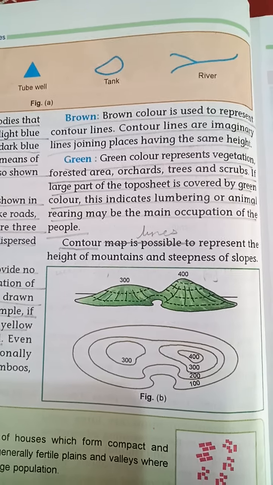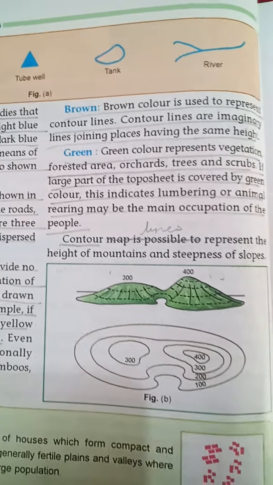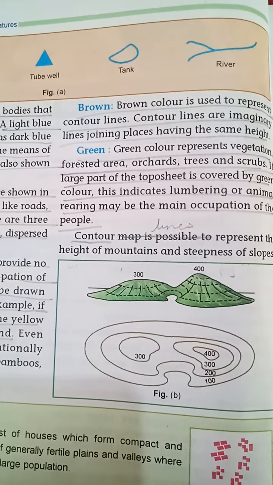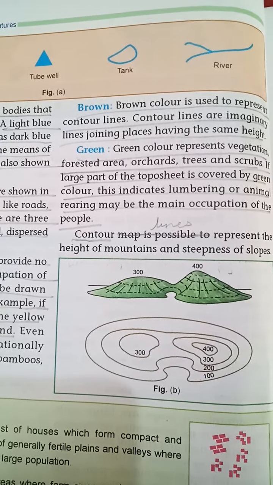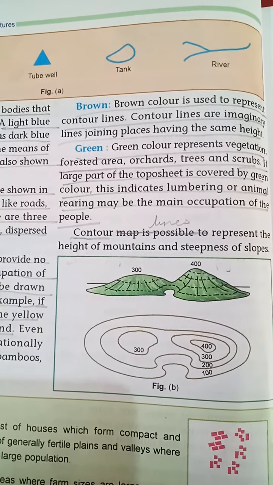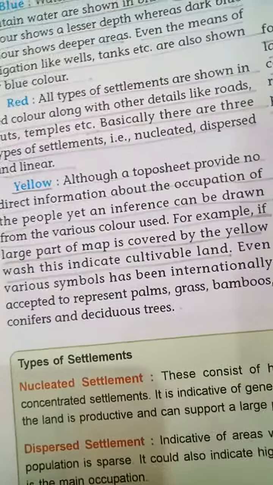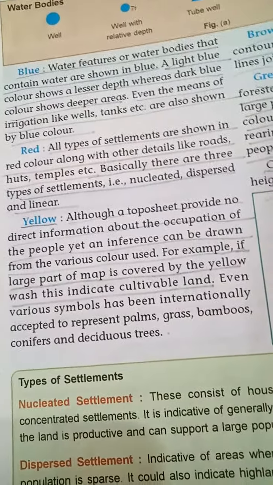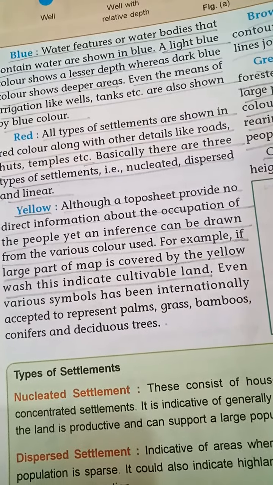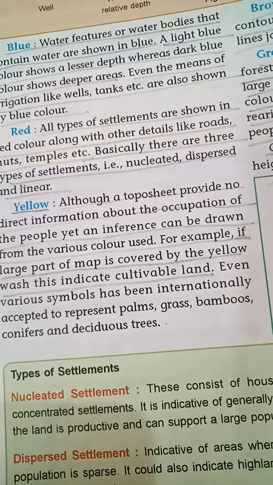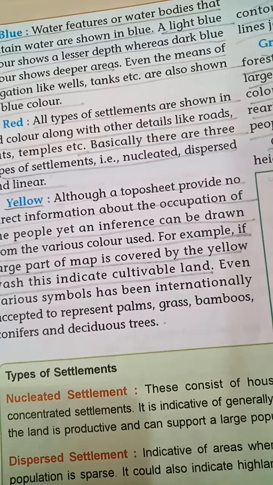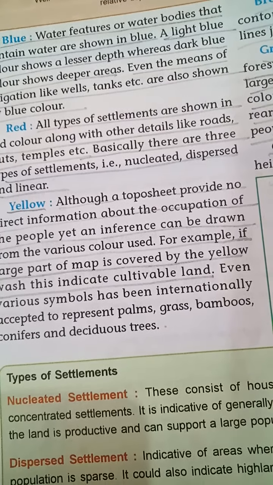The green color is used for showing forested area, trees, scrubs and orchards. The cultivated area are highlighted in yellow. The area with white color shows uncultivated area.